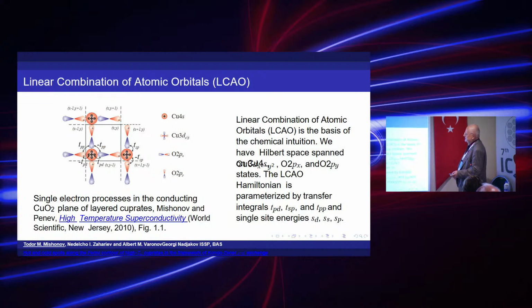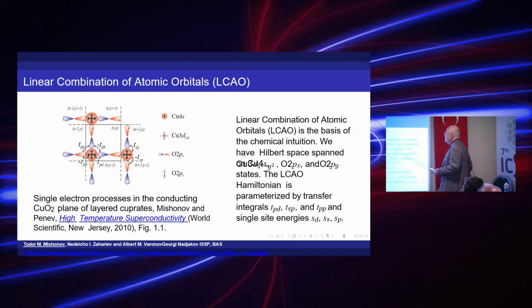What is the standard model of the cuprate plane? We have four different oxygen orbitals, the very important copper 3d orbital, and from time to time people introduce the copper 4s orbital, which is extremely important from our point of view. We are using a linear combination of atomic orbitals, and t means transfer between different orbitals.